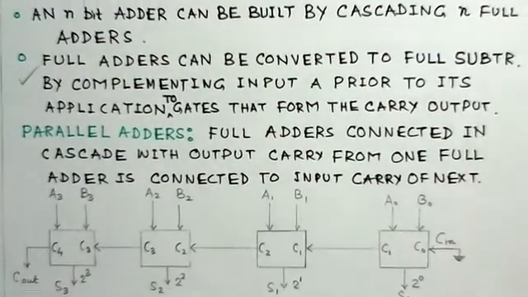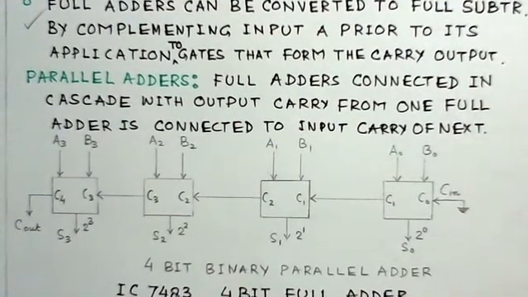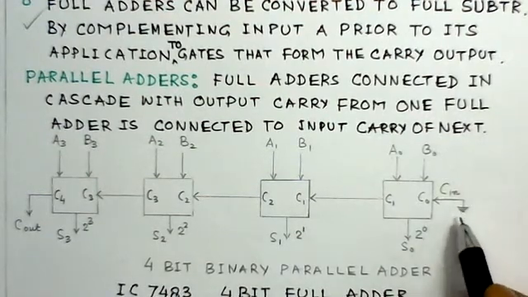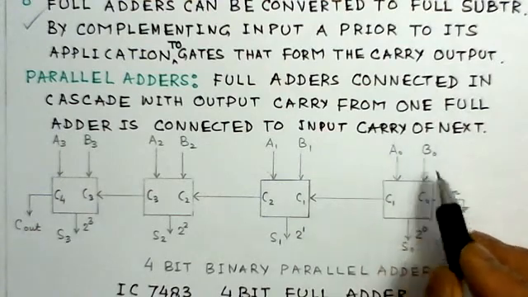Now parallel adders, this is a diagram here. You just see this parallel adder, this LSB, least significant bit, this carry in is counted. There is no carry generated because this is the first LSB. These are two inputs A0, B0.